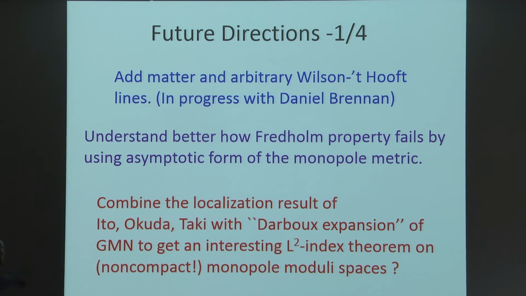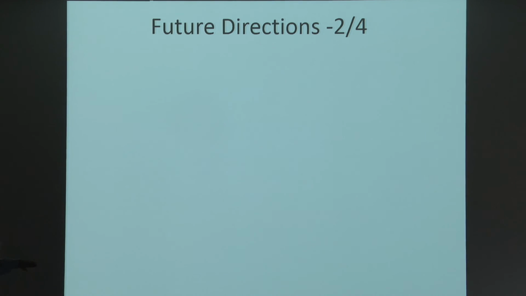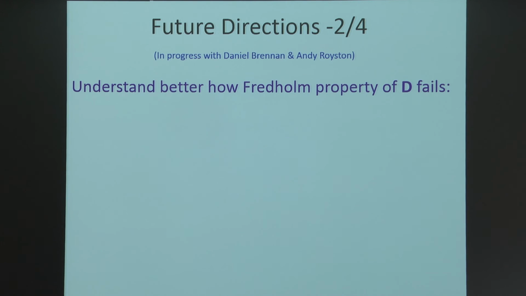And it's very interesting to combine the localization result of Ito, Okuda, and Taki with the Darboux expansion that I had with Gaiotto and Moore. The goal here is to produce a kind of L2 index theorem on non-compact monopole moduli spaces, where no off-the-shelf theorem exists. So really quick, I'll say something about projects 2 and 3.